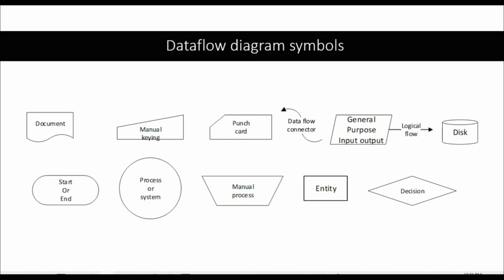Then for general purpose input-outputs, to show logical flows, to show data disk, start and end of a routine process, process or a system, manual process, an entity, and a decision. They have unique symbols that can be used in flowchart diagrams.